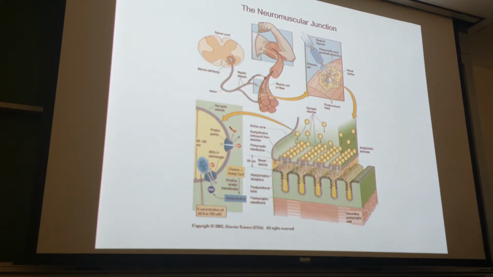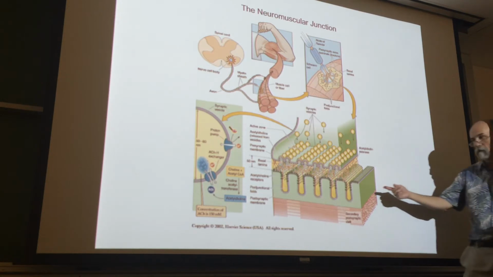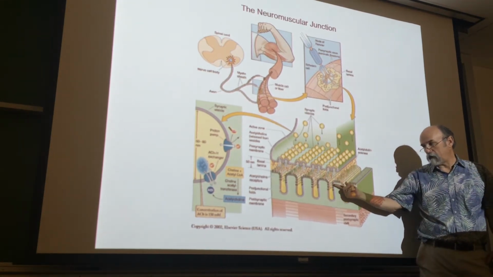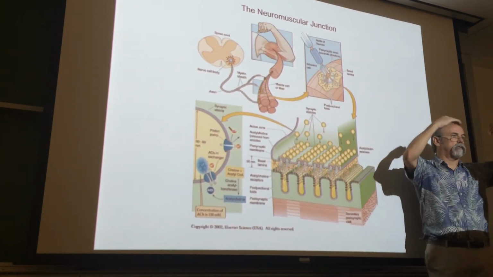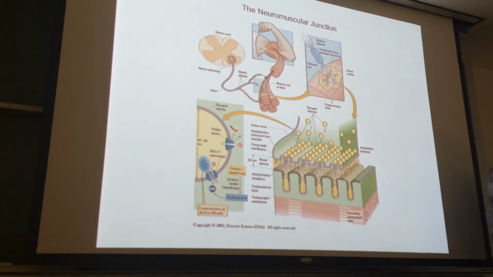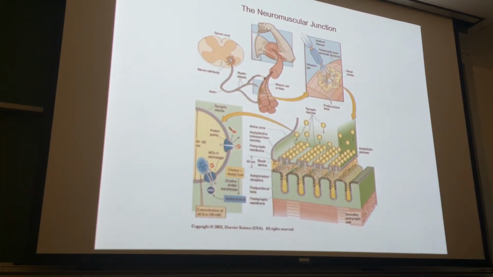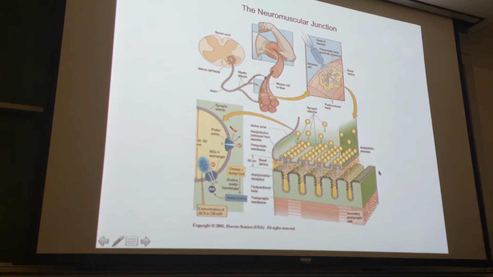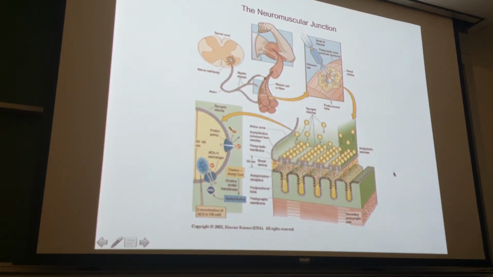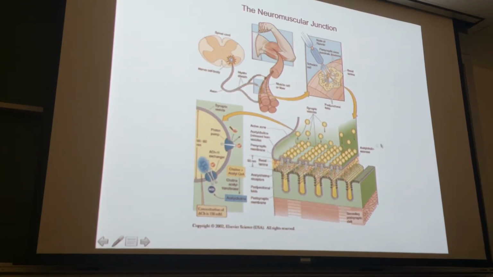Okay. Why do you think we have some folds in our membranes here? Well, you can see that you have more receptors. If you unfold it, more surface, you have more receptors. You don't see this at all synapses. In fact, it's not clear that you really see that in any synapse in the brain, for example.